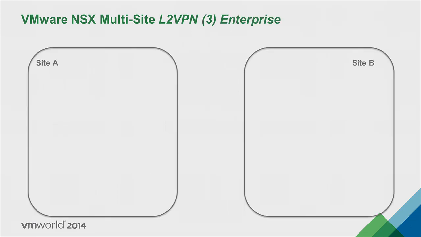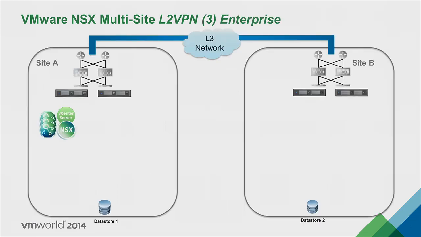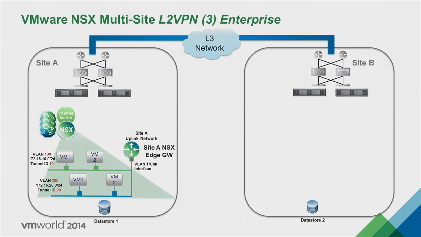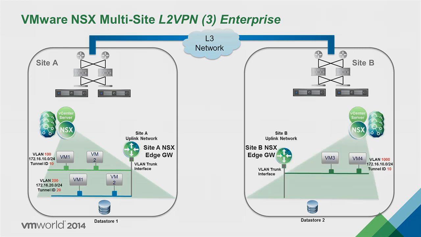Okay, so I'm going to build these out very briefly. Let's say this is the enterprise use case where we would have NSX at both sites. In this case, we're extending VLANs 100 and 200 on the left side. We're tagging them with tunnel IDs and extending them to VLAN 1000 and 2000 over on the right side. So you can see here we're providing an extension where we can map different VLAN IDs if required.